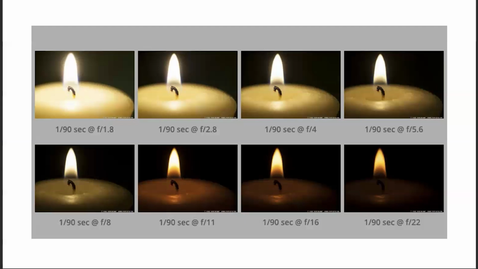And then as we move forward throughout this series, f1.8 going to f2.8. So this is a one-stop change, and going from our wide apertures to progressively narrow, we are halving the amount of light. So moving across 2.8, f4, we are seeing the candle get progressively darker. At f4, we can kind of see a little bit of the texture of the wax.